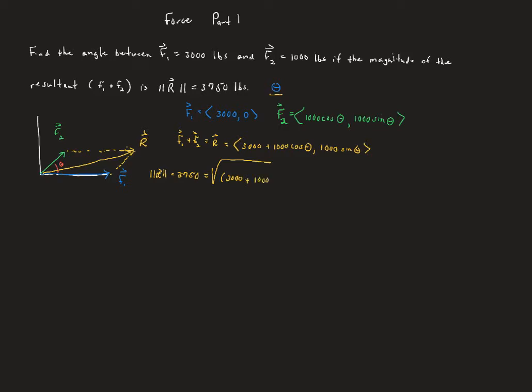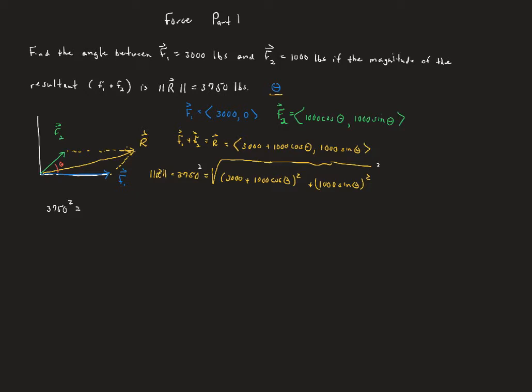We take the x component, 3,000 plus 1,000 cosine theta, square it, and add the square of 1,000 sine theta, under a radical, and that is equal to 3,750. Let's square both sides to get rid of the radical, leaving 3,750 squared on the right.